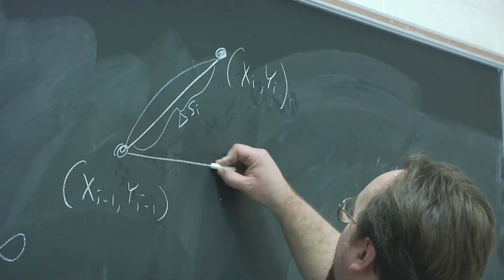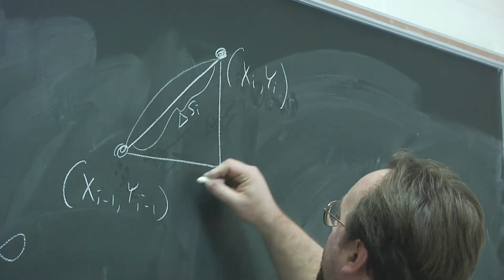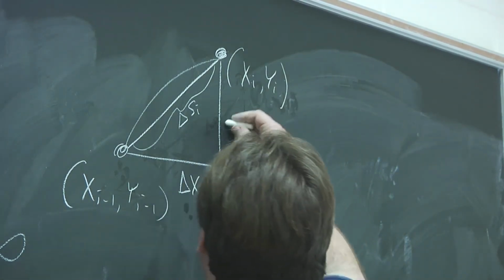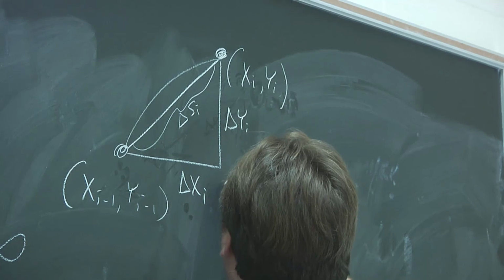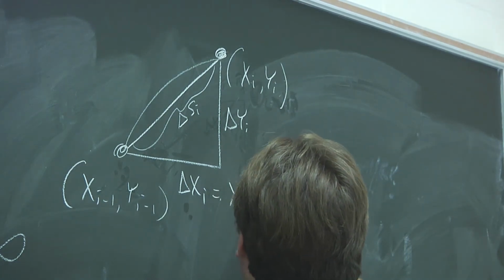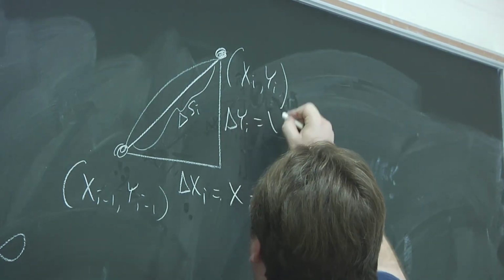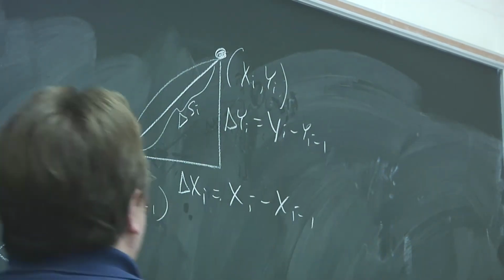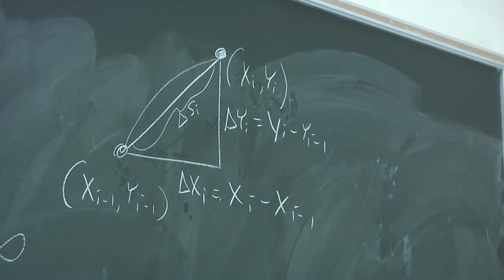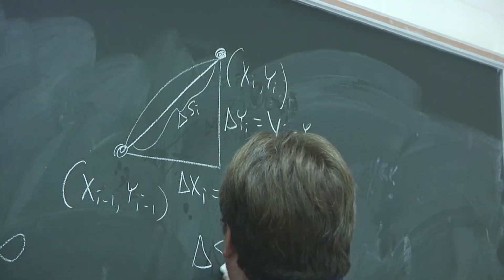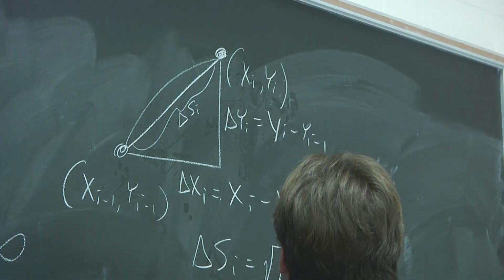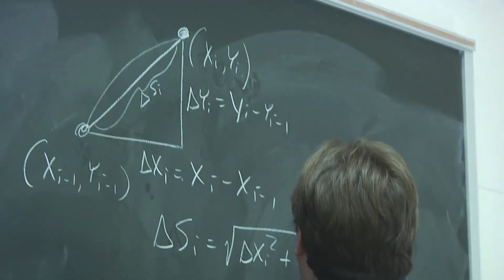Then what we have here is a right triangle. The legs are delta x i for this one, delta y i for this one. There's a difference in x values and a difference in y values. So that means that delta S i is the square root of delta x i squared plus delta y i squared.